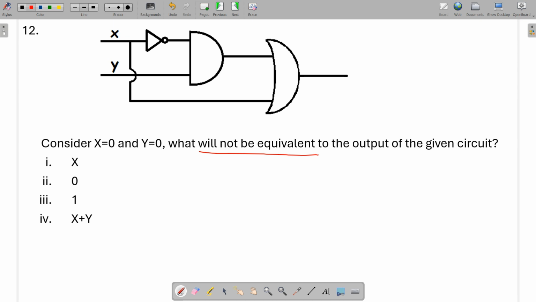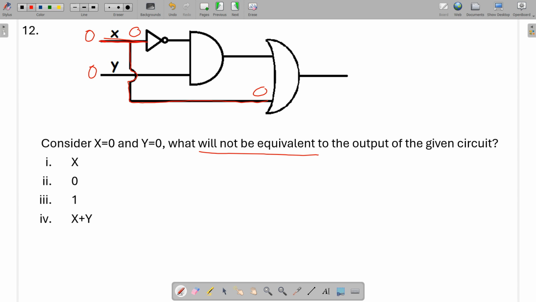So what they are suggesting is that x is 0 and y is 0. When those two are 0, x on its lines is going to take a 0 over here, and in this line it's going to take a 0 again.